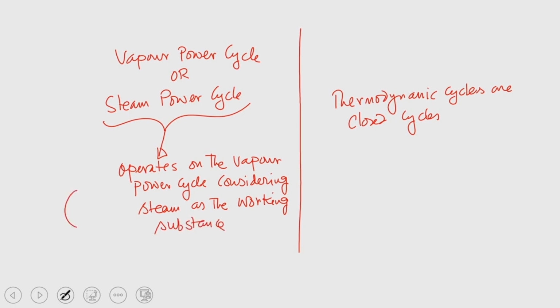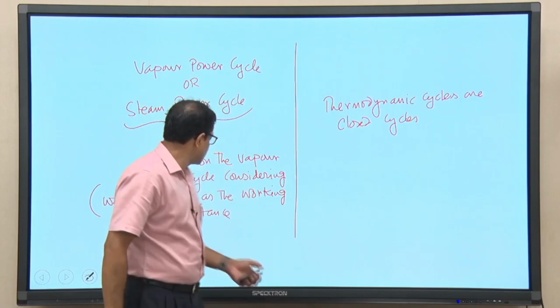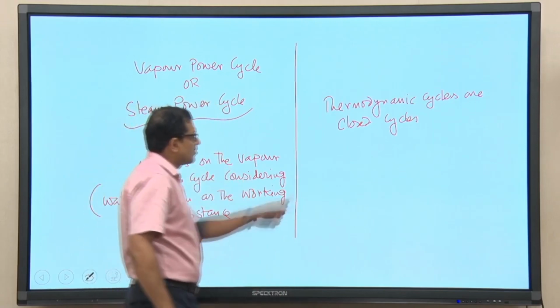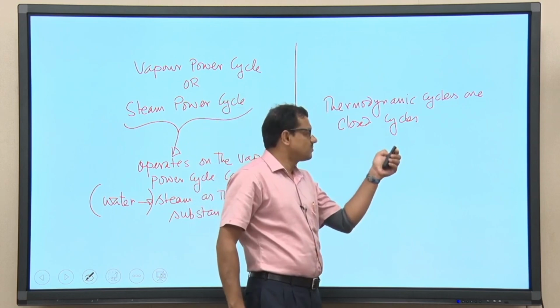Here I am writing the steam is converted from water only. So, the steam is converted from water only and that is why we also can call it water steam mixture. So, this is now thermodynamic cycles are closed cycle.